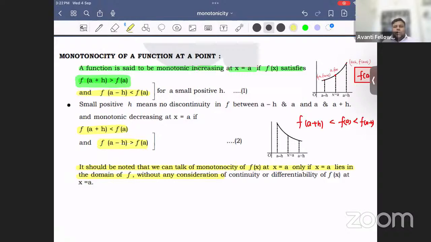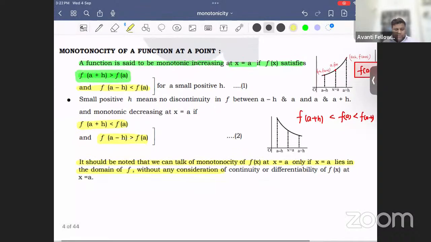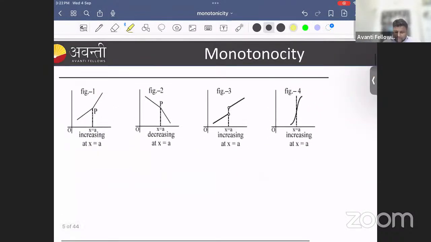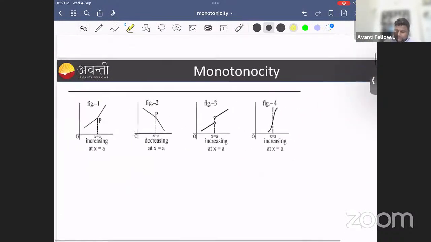If that point is not in the domain, there is no point of discussion of the monotonicity at that point. So we can discuss any trait of a function only if it is in the domain of the function. Got it? Now see, these are simple figures.